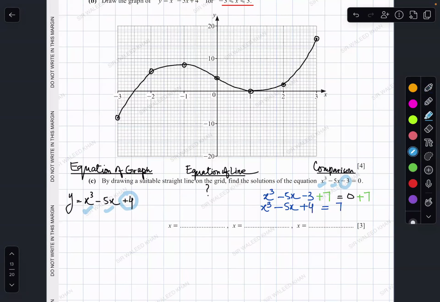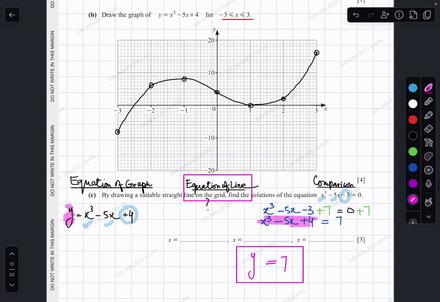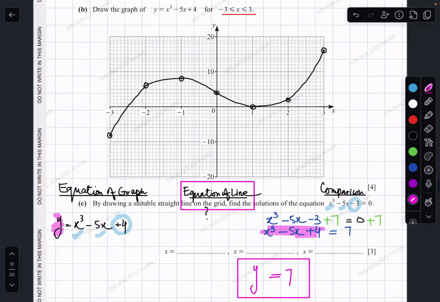Now, if I replace it with y, because the value of y and this over here is the same, this should be y is equal to 7. And y is equal to 7 is the equation of line, which was missing. To find the solution, we draw this line, a horizontal line, y is equal to 7, onto the graph.